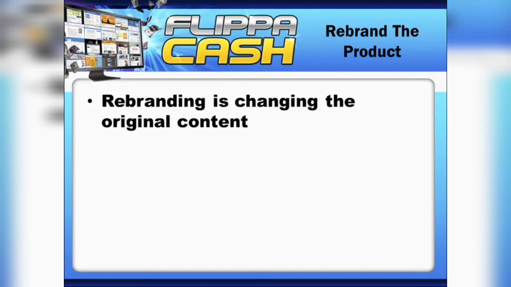It means we want to change the title of the product. We're going to call it something else. Because if everybody out there that bought this PLR package is selling Yoga with Jeremy and they don't change the title, then now you have like 500 people selling the same product, and they're going to do that price bidding thing, price war, right?